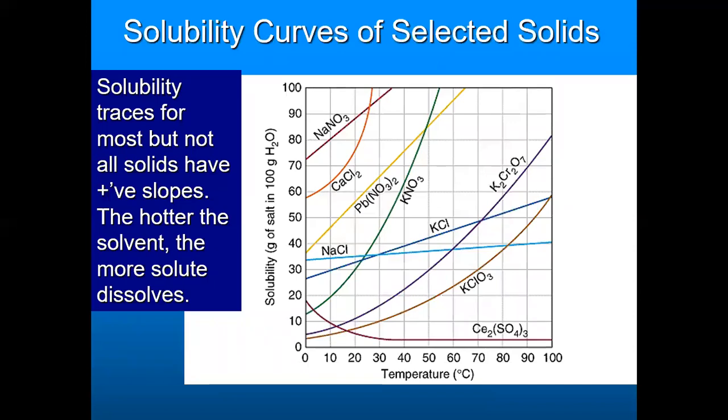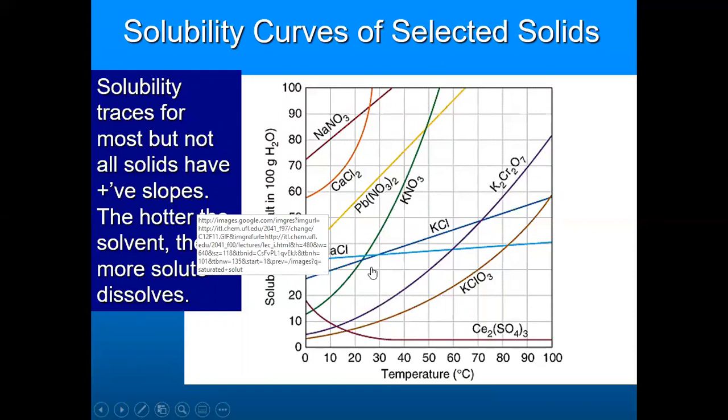Solubility curves for most but not all solids have a positive slope. The hotter the solvent, the more solute dissolves. This is the solubility curve for selected solids. If you increase the temperature, in certain substances the solubility increases, and in certain substances it decreases.